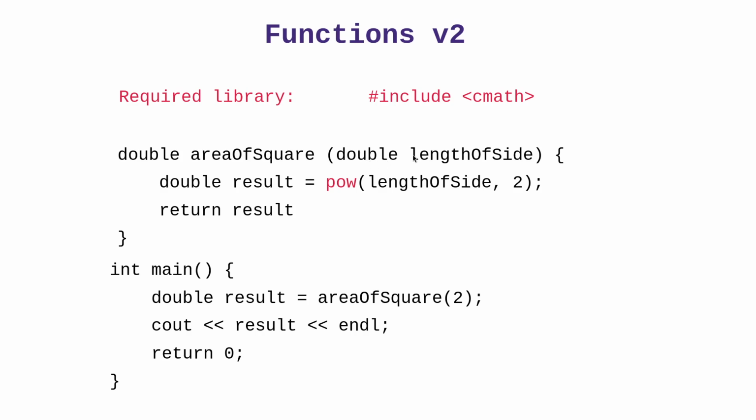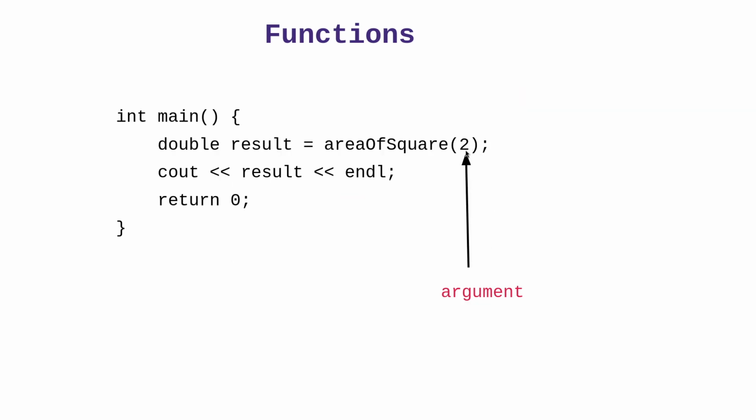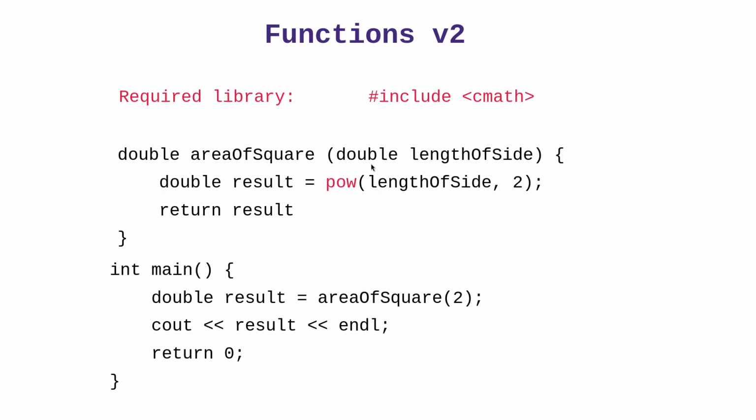Whenever you say what the parameter name is and what the type is, collectively we call that the parameter. If you think about it, we're telling the compiler to expect a single number to be sent to the function. When I pass in 2, the compiler will check, is 2 a double?